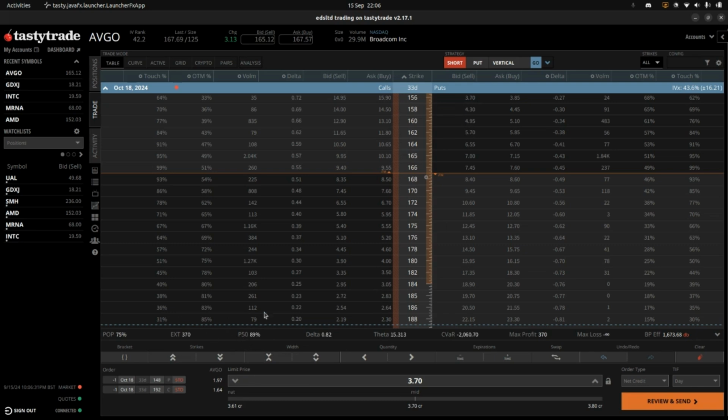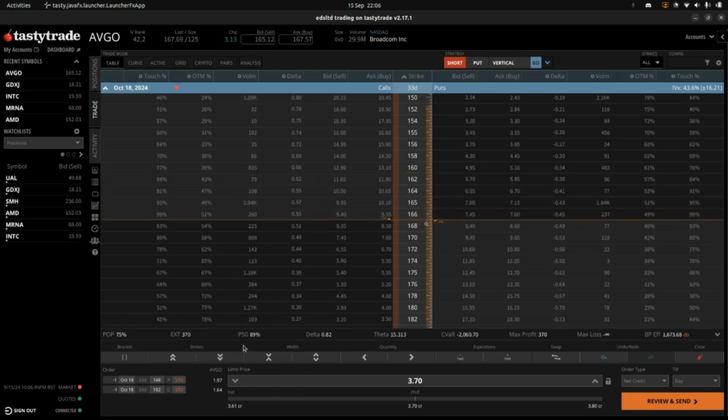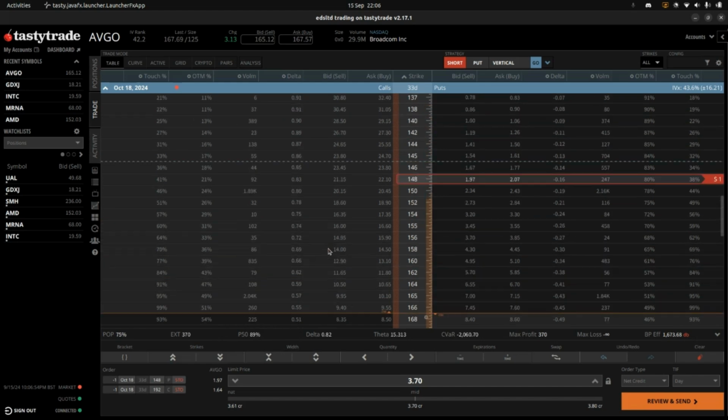So before we've even got filled and entered the trade, the odds are already in our favor by quite a lot. Typically we'd want to get out at the 50% mark anyway, so we're looking at about a 90% probability of success on this trade.